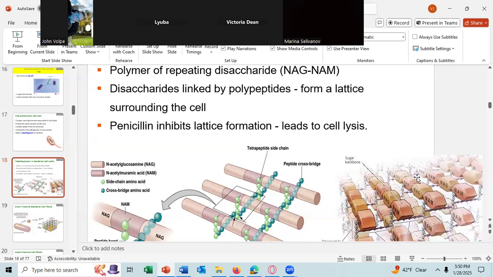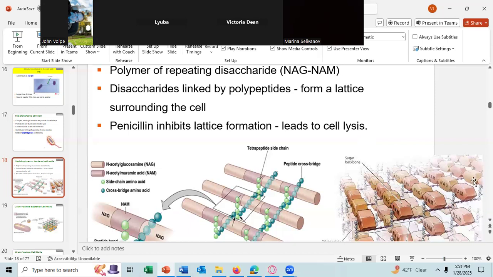What's holding the peptidoglycan together in the row is a chemical covalent bond between the two molecules, probably a carbon and hydrogen, but it could be a carbon and oxygen. I'm not sure what the linkage is between NAG and NAM, but they're linked together in a chemical bond, making several rows.